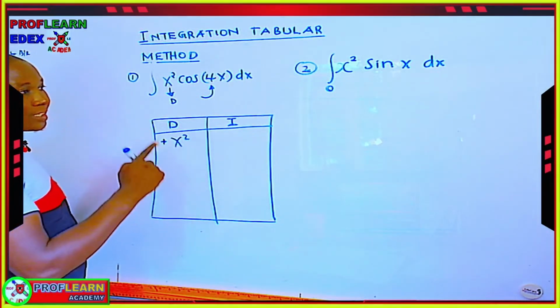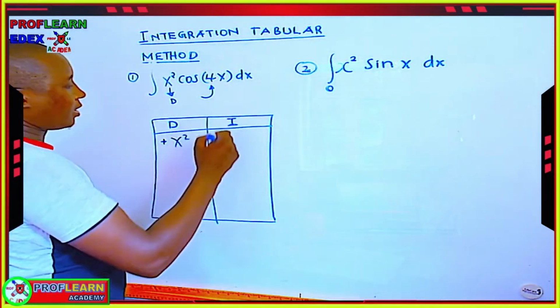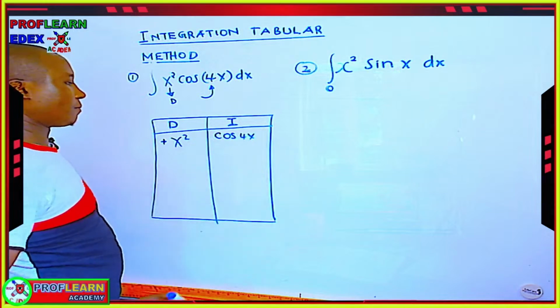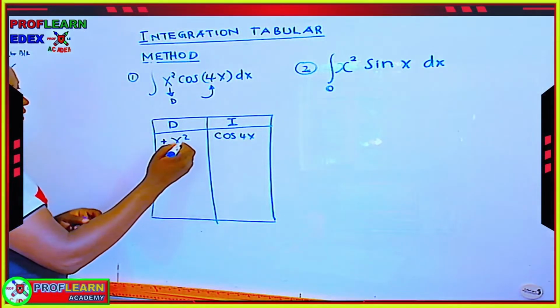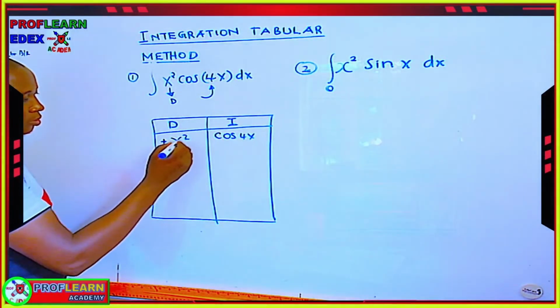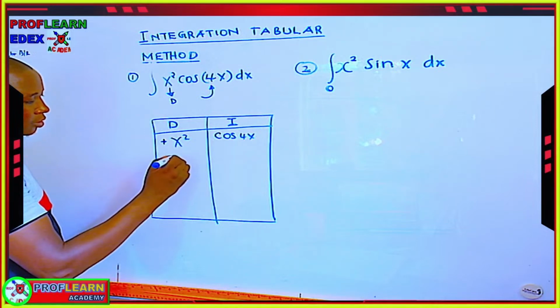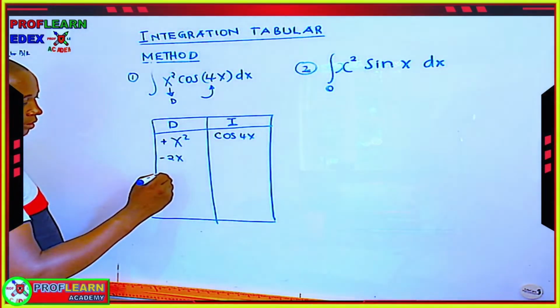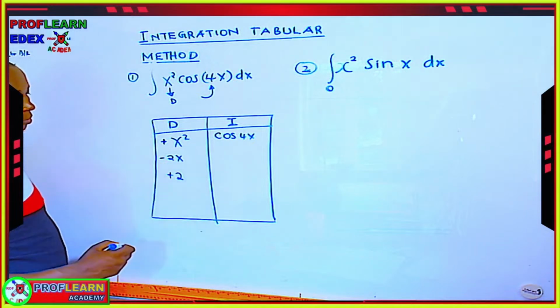We shall also be alternating the signs, and here we shall begin with cos 4x. Now, if you find the derivative of x squared, this will be minus 2x. Finding the derivative of this, we shall say plus 2.